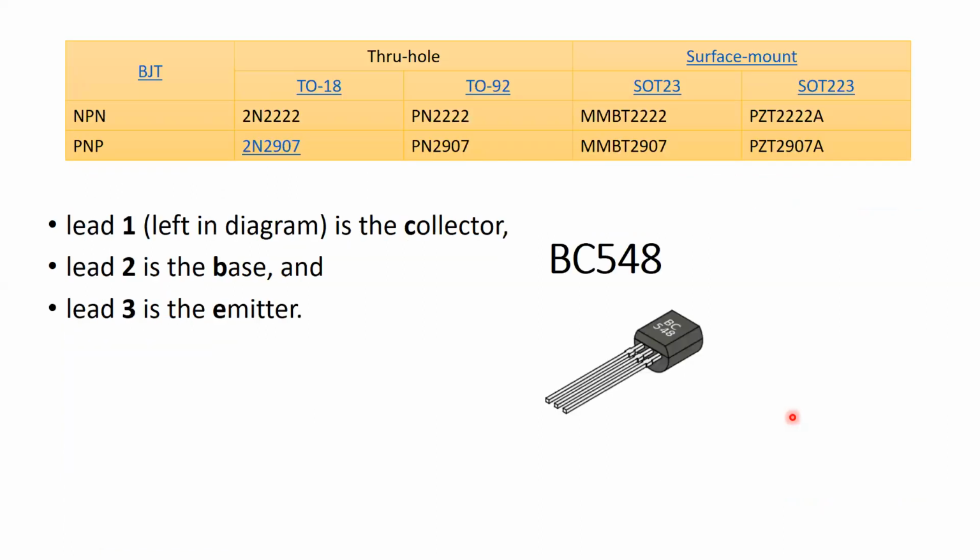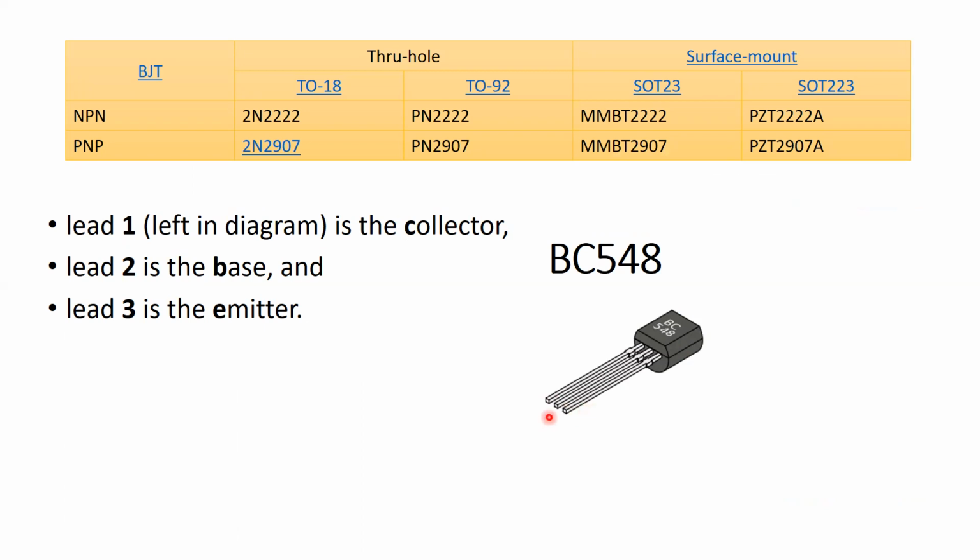Moving on to the next slide, you see there is another more popular transistor, which is BC548. As shown here in the picture, you have three pins, and in the diagram, the left one right here is the lead one, which is a collector.